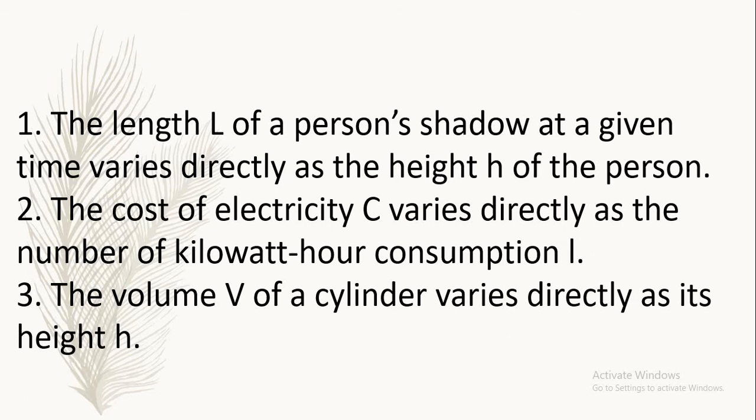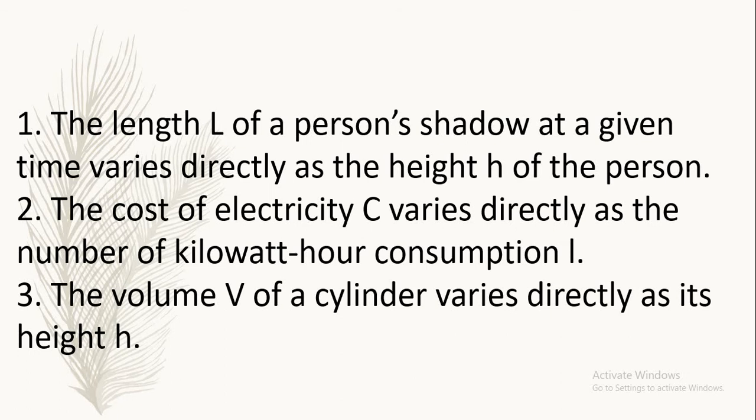So number 1, the length of a person's shadow, yun daw ating anino, at a given time varies directly as the height of the person. So nagbabari siya dun sa height ng person. Next is the cost of electricity varies directly as the number of kilowatt-hour consumption.